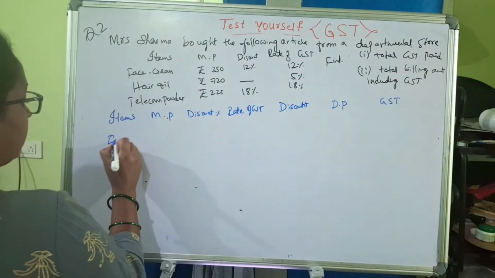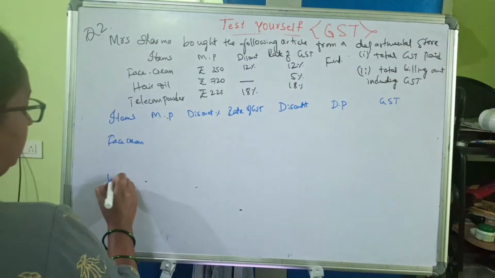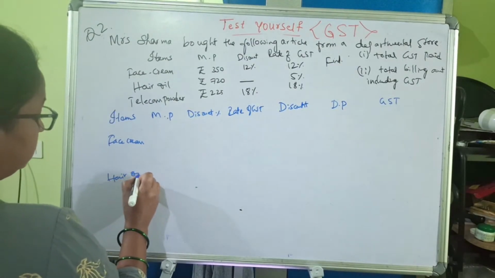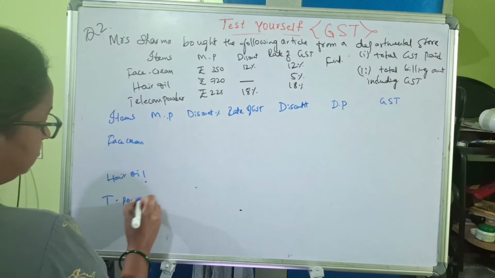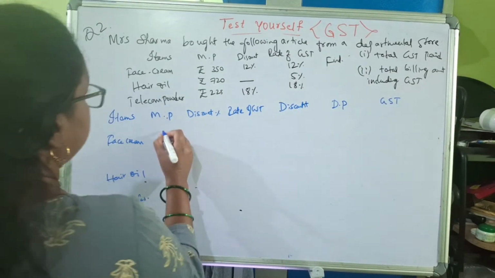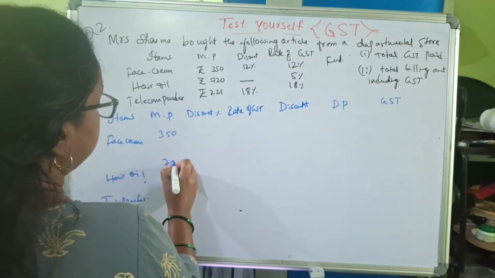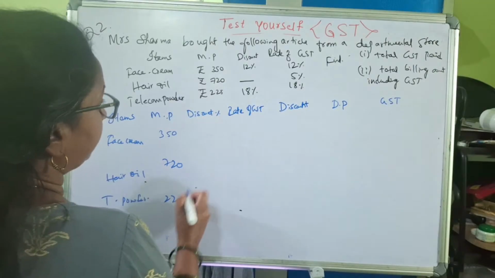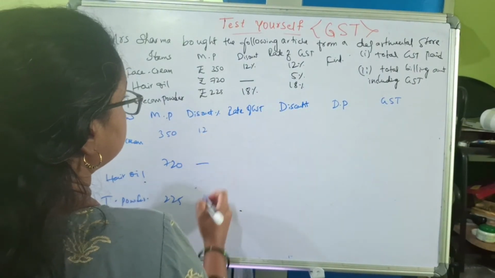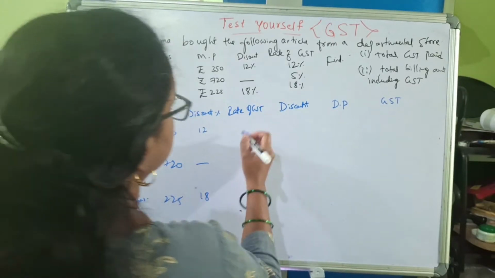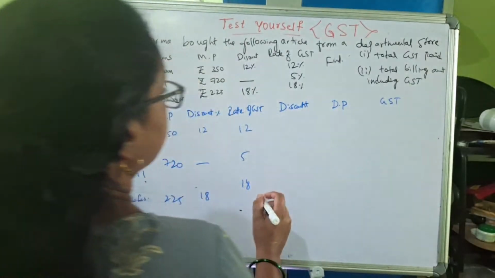For face cream, hair oil and talcum powder. Market price is rupees 350, 720 and 225. Here the discount percent is 12, nil and 18, and the rate of GST is 12, 5 and 18.